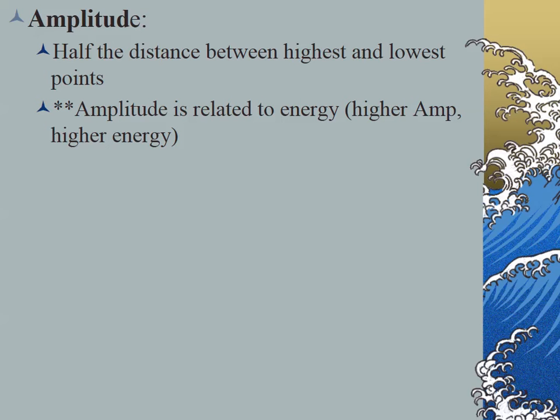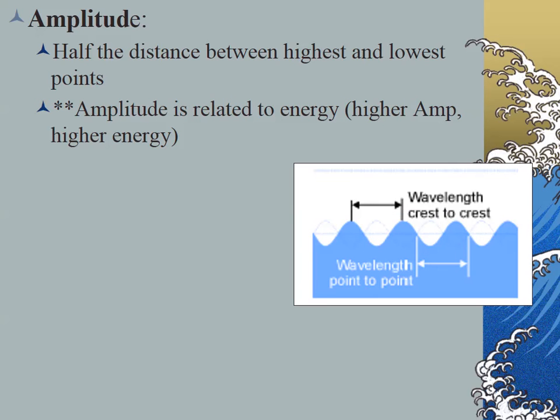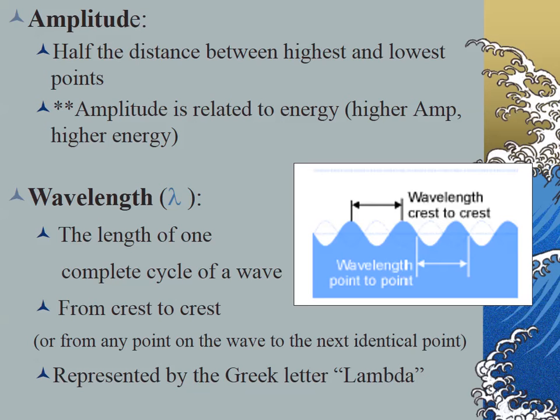We're going to talk about how that relates with volume when we deal with sound. But we don't have a particular formula for this. You won't have to actually calculate the amplitude. You might have to look at a diagram and recognize that it's the highest or lowest distance from equilibrium, up or down.